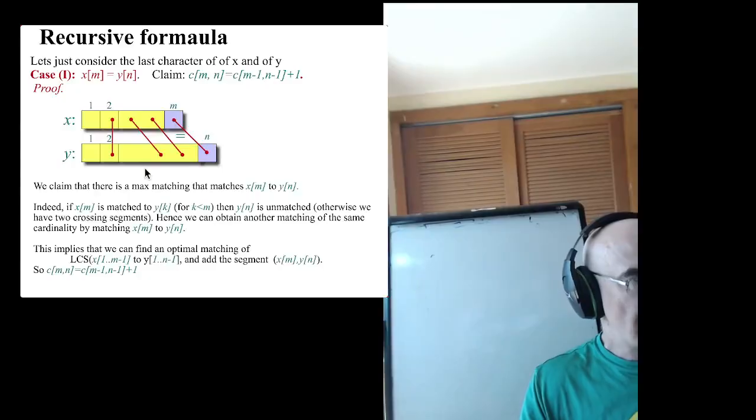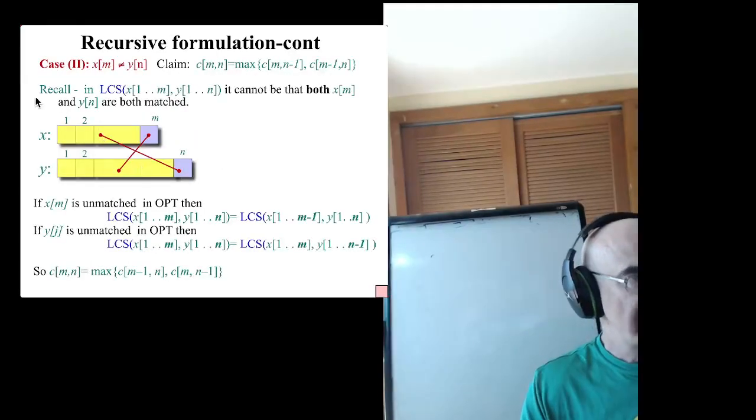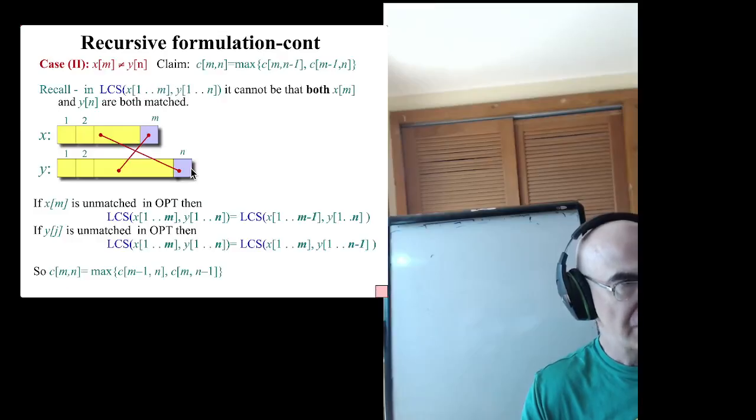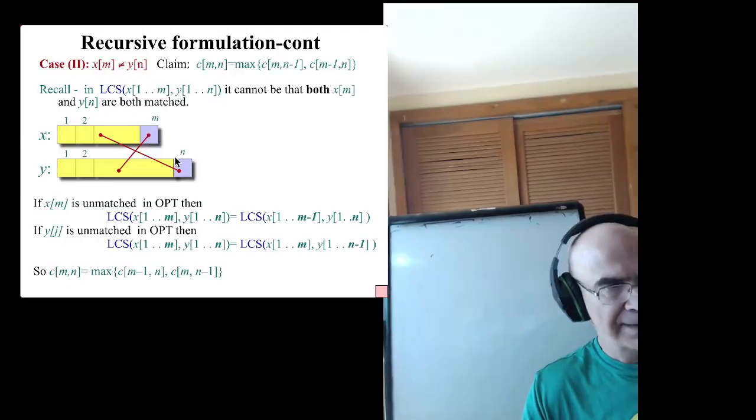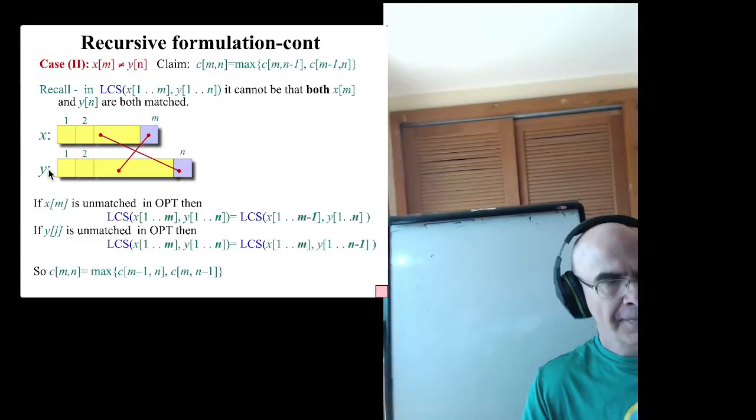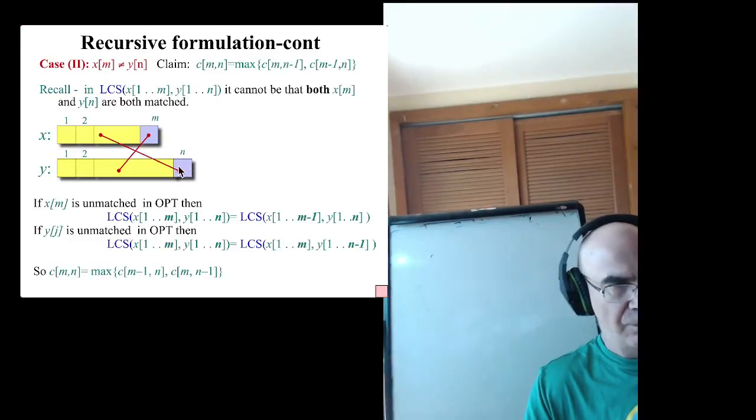And the other case that we had was that the last two characters don't match each other. The last character of X is different from the last character of Y, and in this case the optimum matching was just the maximum of the two following values. Match all the characters in X to all the characters of Y, excluding the last character. So it's C of everything in X, denoted by m, and everything in Y excluding the last one, n minus 1.